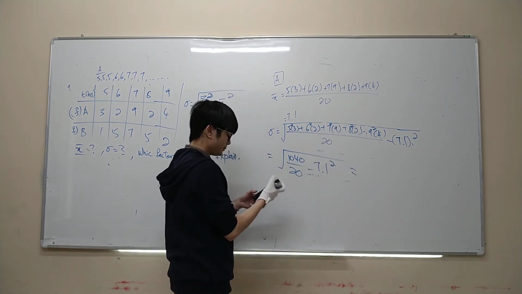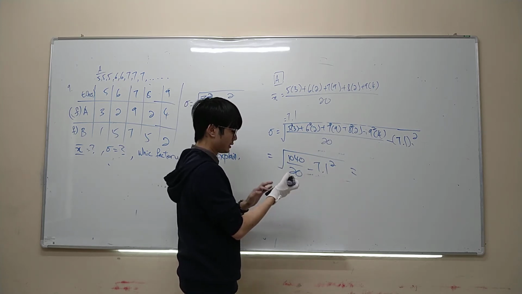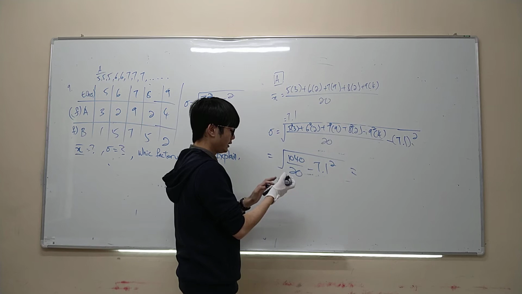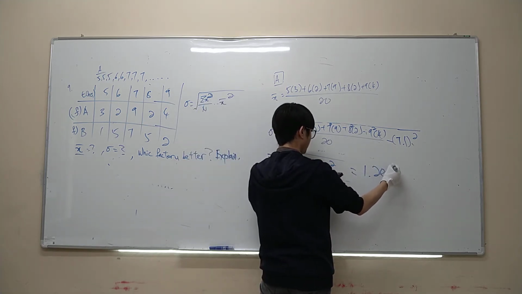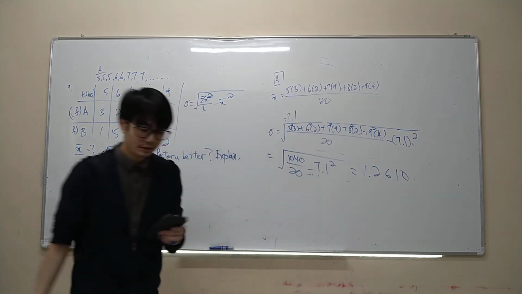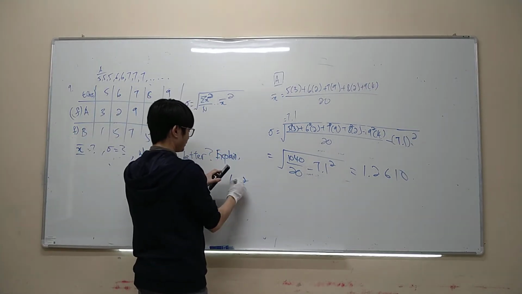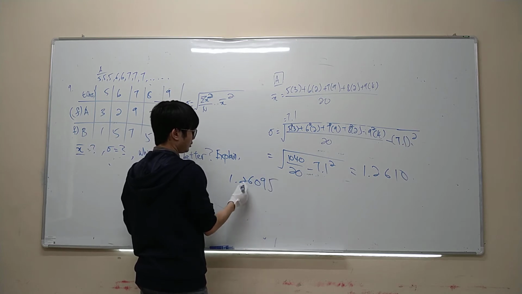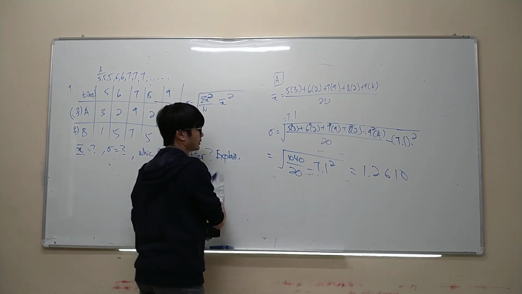So 1040 divide 20, and then answer minus 7.1 square, and then square root the answer. 1.2609, so 1.26095. So 1, 2, 3, 4 is okay, so the 5 here rounds up. So 1.261.